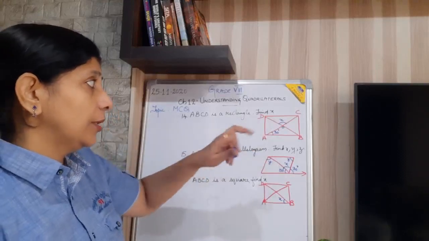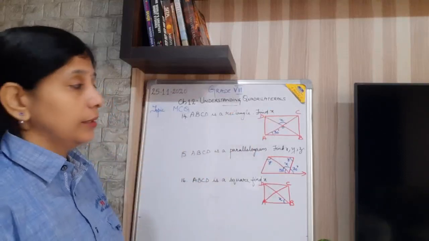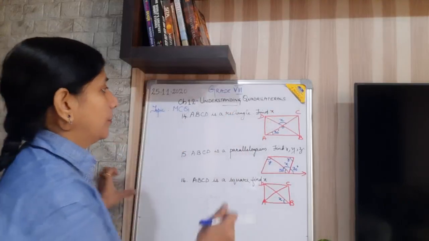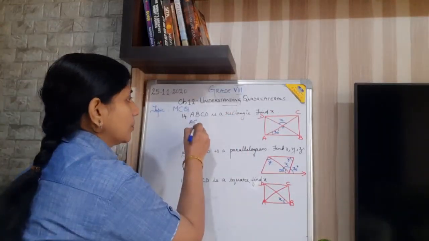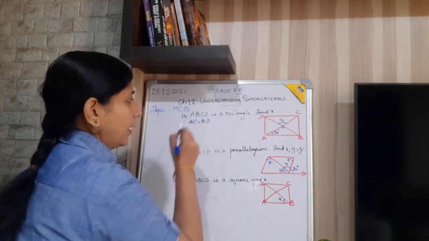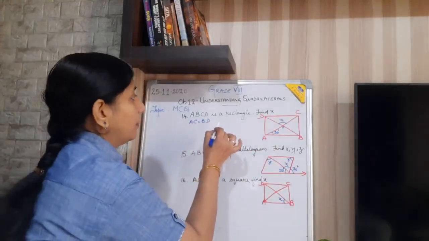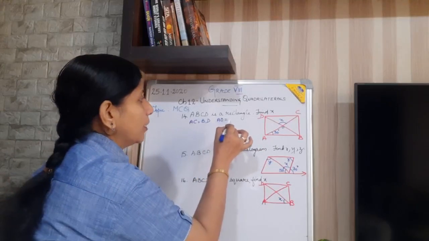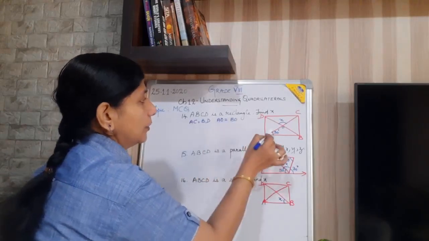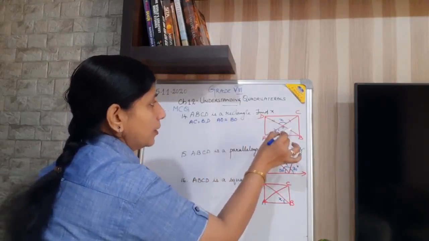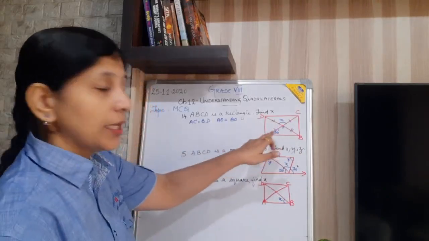You have to find COD. You know that diagonals are equal. So AC equals BD and they bisect each other at point O. So AO will be equal to BO.